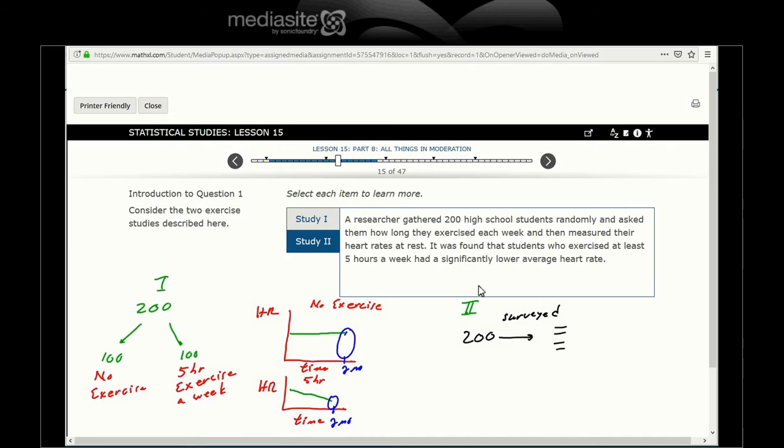So they got data: heart rate, time of exercising, and they get some data. And they found somewhere here at about 5 hours, there was a significant reduction in heart rates.